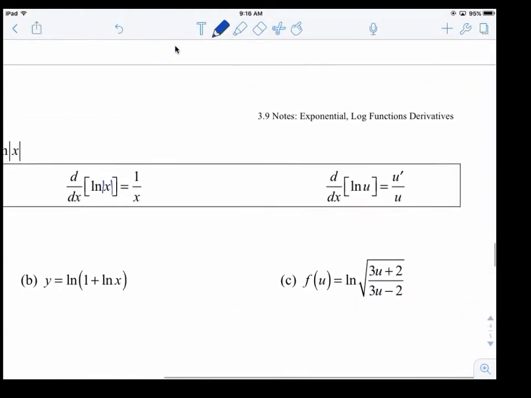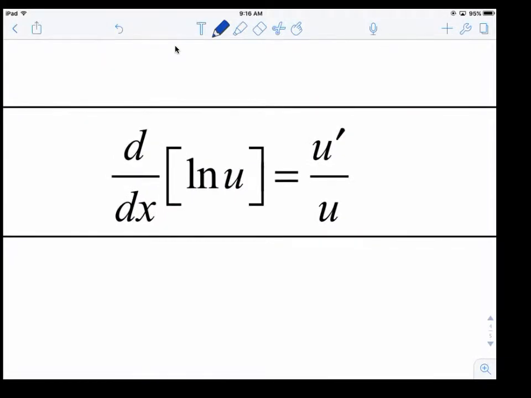Now, if you have some type of function that you're taking the ln of, you have to remember that it's going to be 1 over whatever you're taking the ln of times the derivative of the inside. So that's where you have to use chain rule. That's where the u prime comes from.